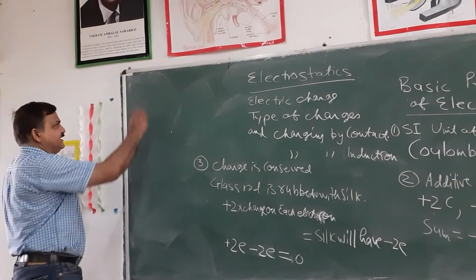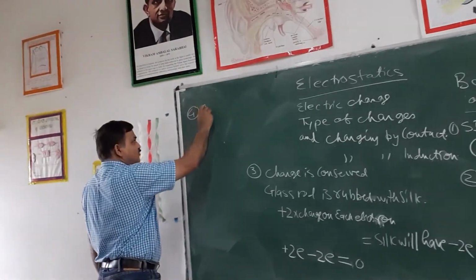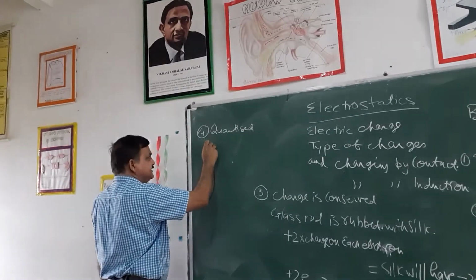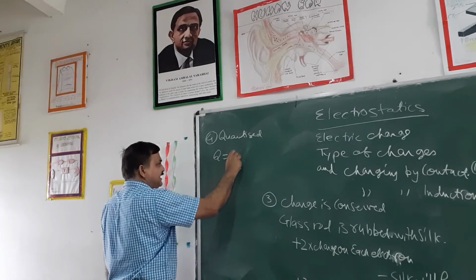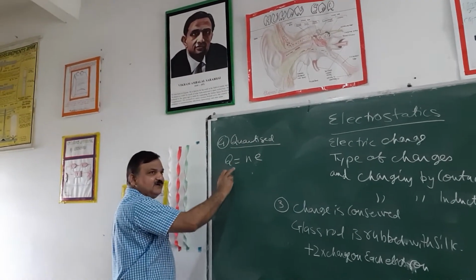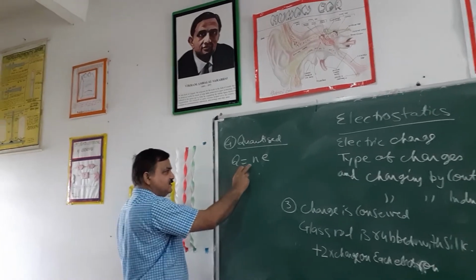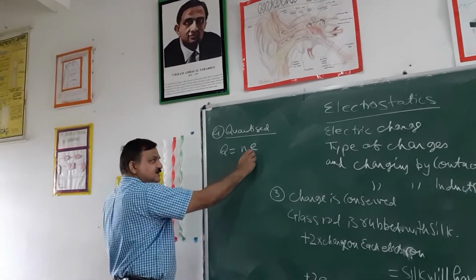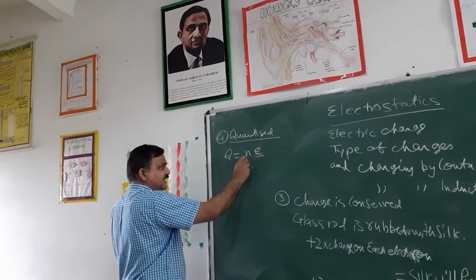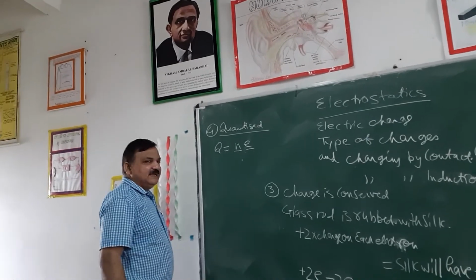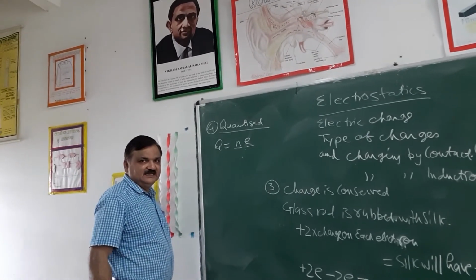One more important property is this: electric charge is quantized. That is, Q is equal to N into E. Formula is this: electric charge Q is equal to N into E, where Q is the electric charge, E is the charge on electron, and N is an integer.